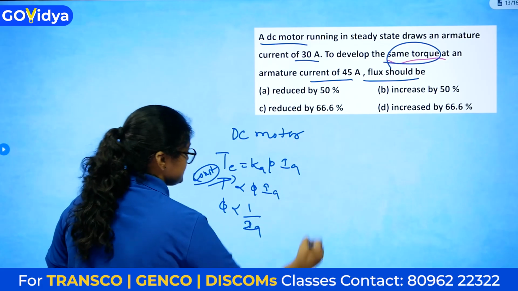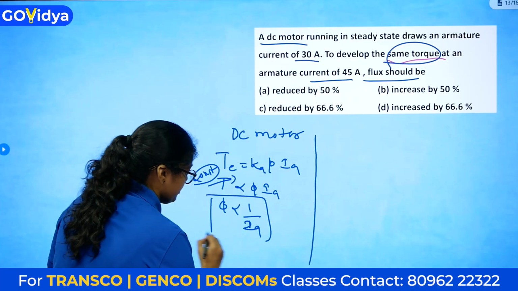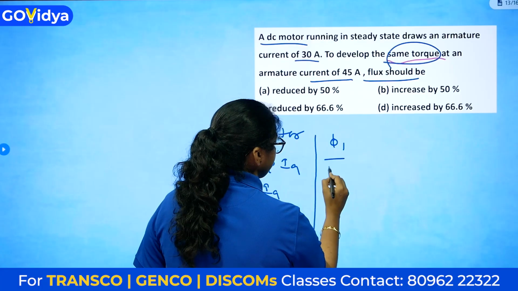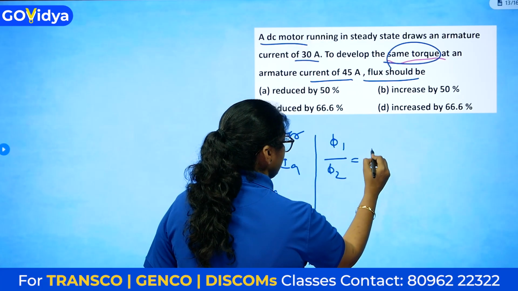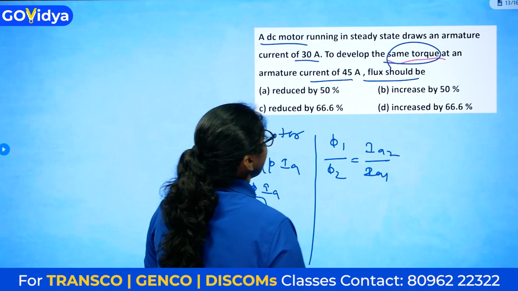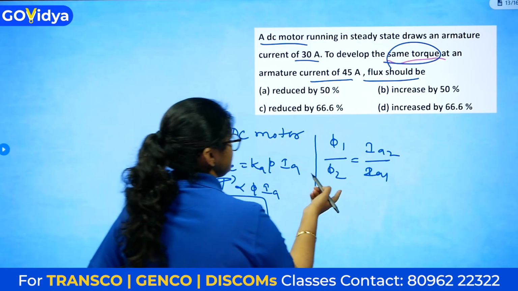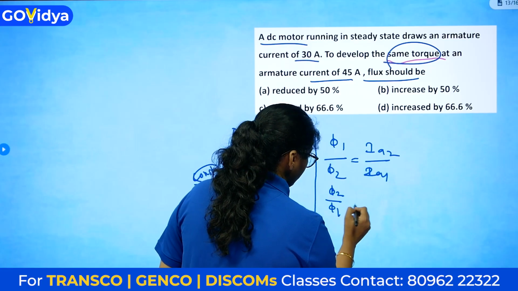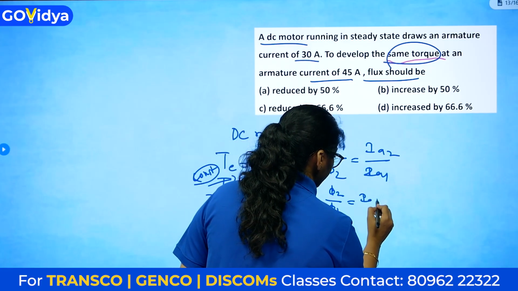Yes or no? From this I can write phi1 by phi2 is equal to Ia2 by Ia1. But I have to calculate the flux, so phi2 by phi1 is equal to Ia1 by Ia2.